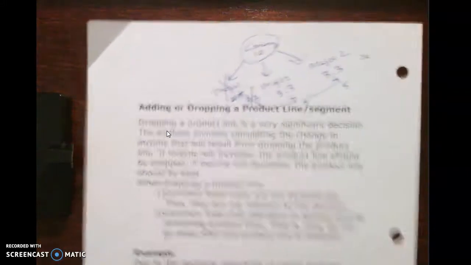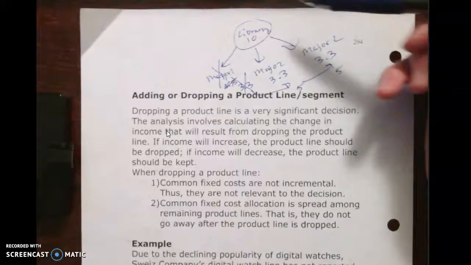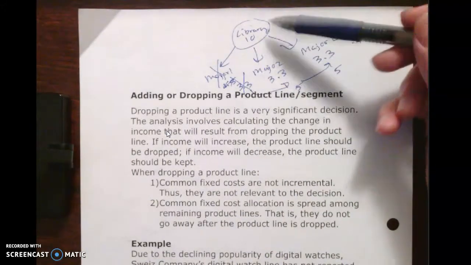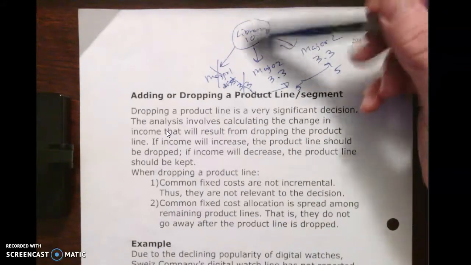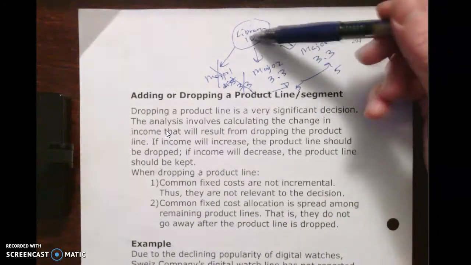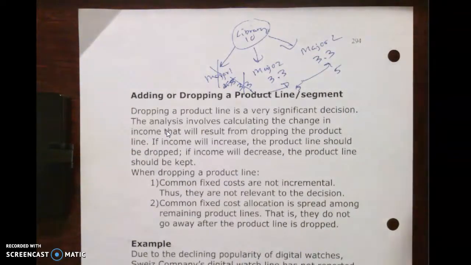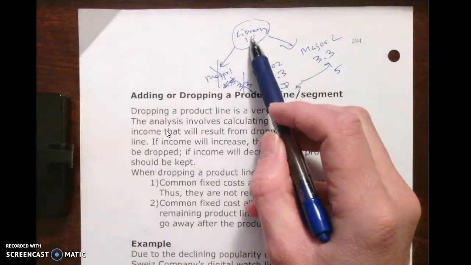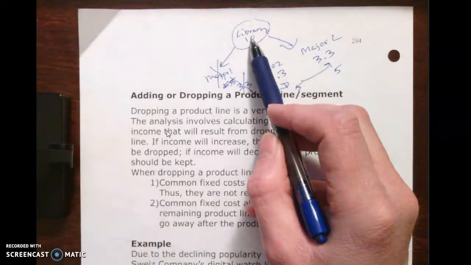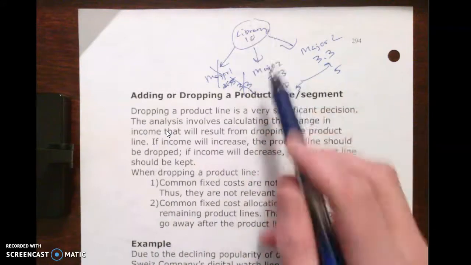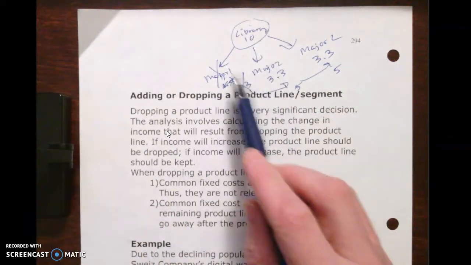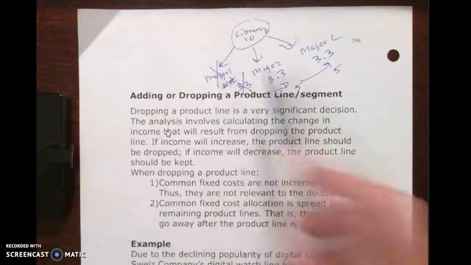That's what we're assuming here in some of these problems, that the library doesn't reduce its costs. It just shifts its costs to the remaining departments or the remaining majors. If that is the case, then this $10 of library costs is not a differential cost, because it would stay $10 whether or not we drop Major 1 or keep Major 1.